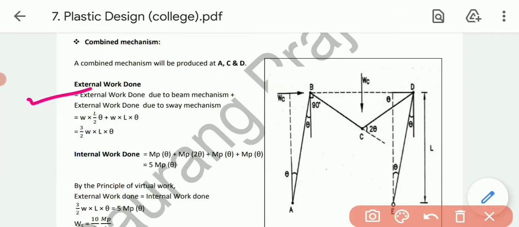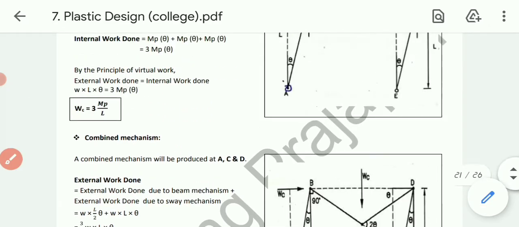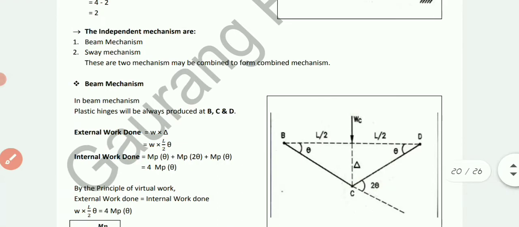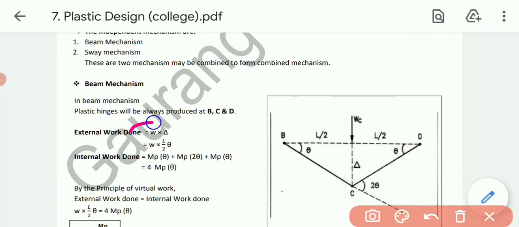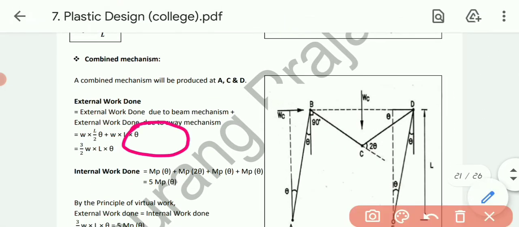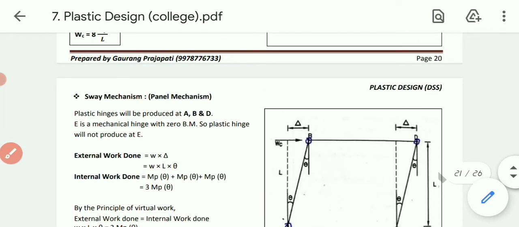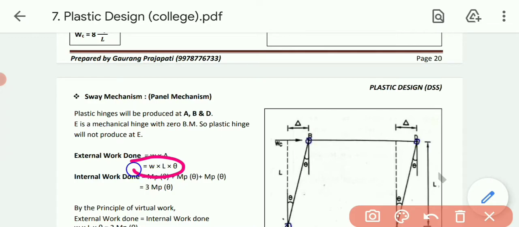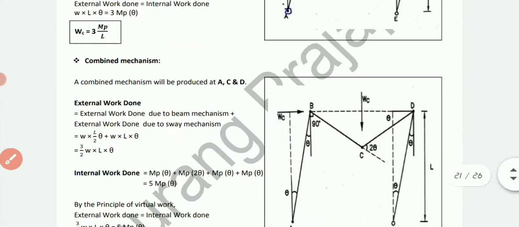Now let's talk about external work done. We need to do the summation. In the beam mechanism, the external work done was W into deflection, that is W into L by 2 into theta. Then in the frame mechanism, the external work done was WL theta.